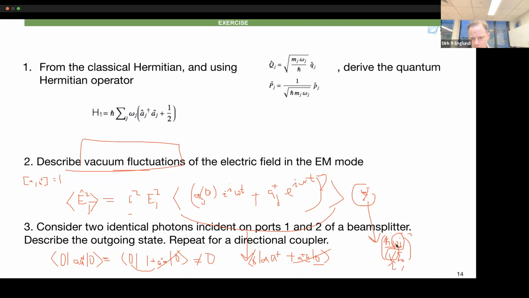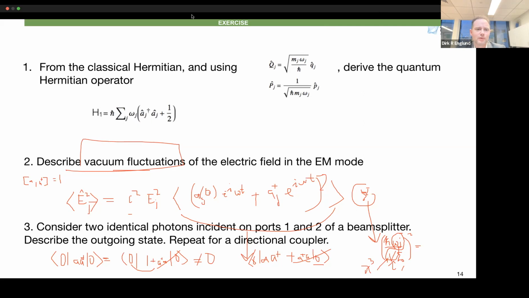And then you can see that this whole thing scales as lambda cubed, which is proportional to 1 over omega cubed, so the vacuum fluctuations altogether have a very strong dependence on the wavelength of the field.